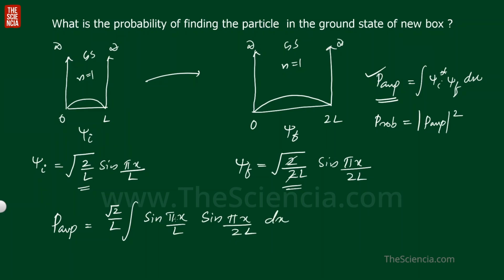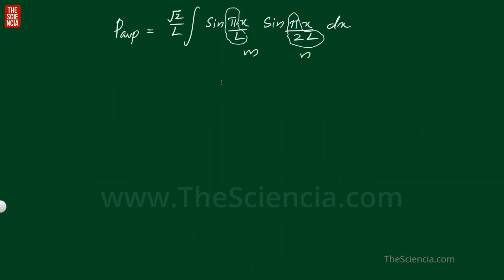Here I am taking pi by L as m and pi by 2L as n. So now this equation is in the form of the integral of sin mx sin nx dx.